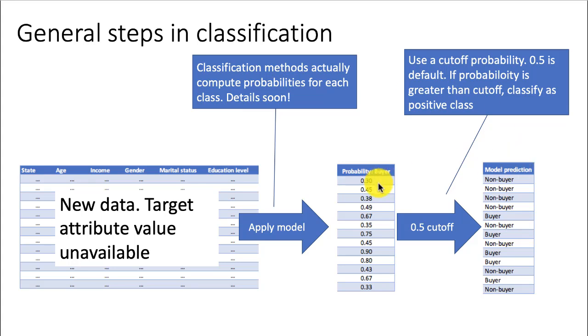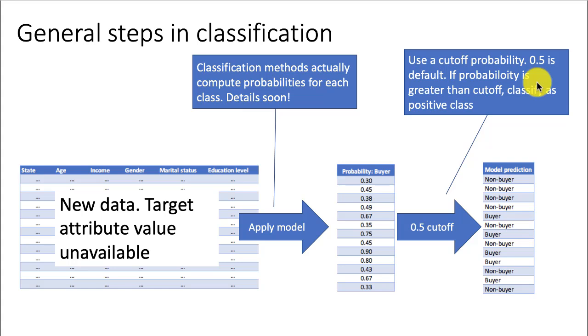So look at the first case. The probability is 0.3. Well, that's less than 0.5, thus that person becomes a non-buyer. Second case, 0.45. Once again, less than 0.5, non-buyer. Take a look at this case, 0.67, greater than 0.5, buyer. 0.80, buyer. 0.45, non-buyer. 0.75, buyer.